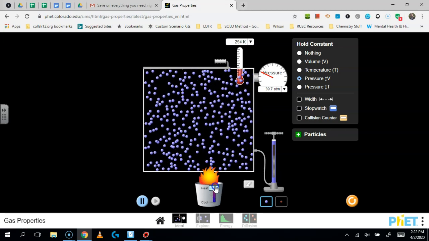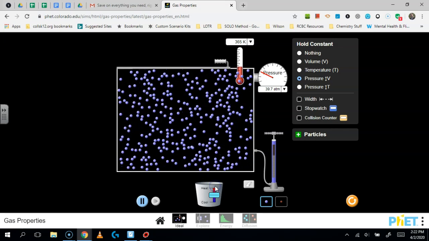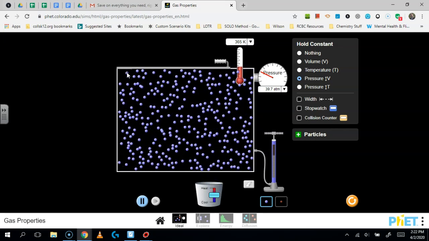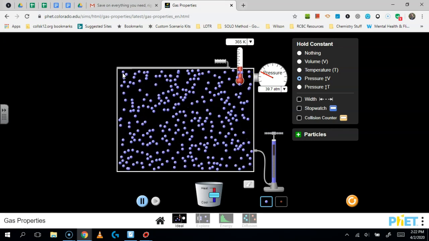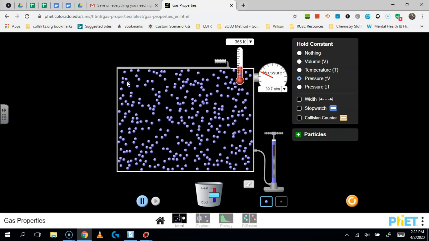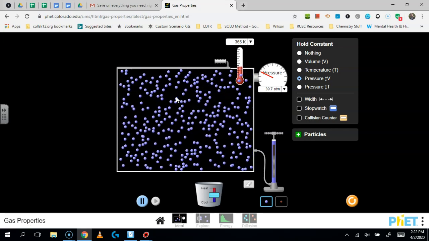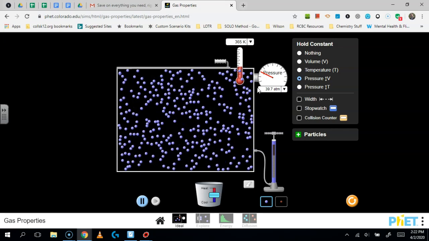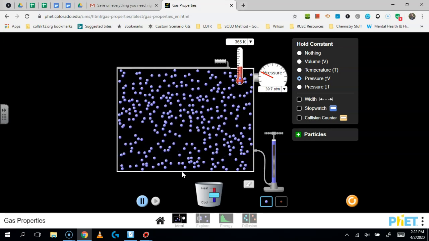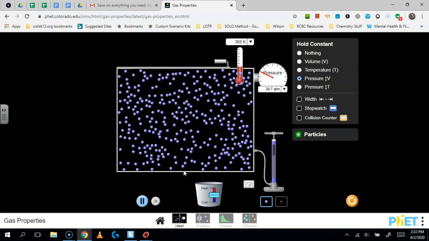If we heat up a gas, the molecules speed up and therefore are hitting the side of the container more. So in order to compensate for the increased number of impacts, the container has to get bigger to keep the pressure the same. So that's kind of the relationship that heat and pressure have.